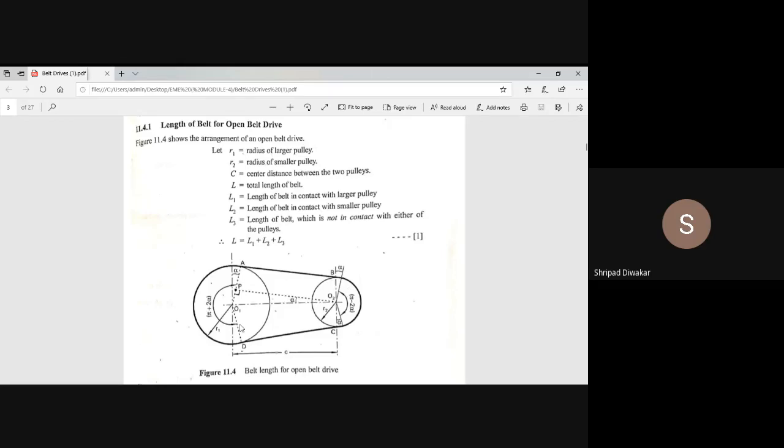Hence, R1 is the radius of the driver and R2 is the radius of the follower. First you mark O1 and O2, draw all the lines. Then you show R1 as the radius of the driver and R2 as the radius of the driven pulley.